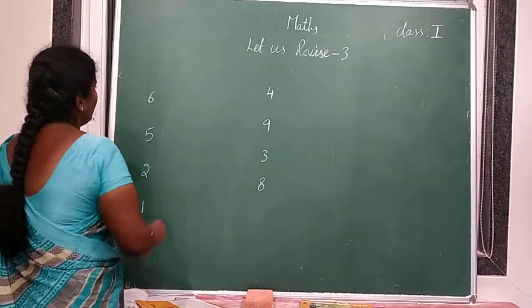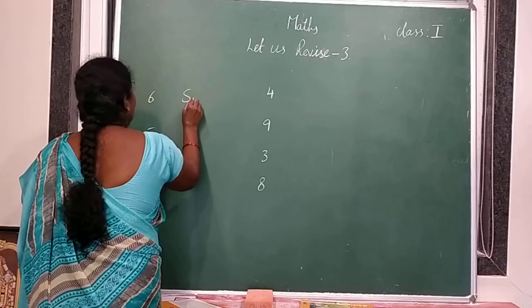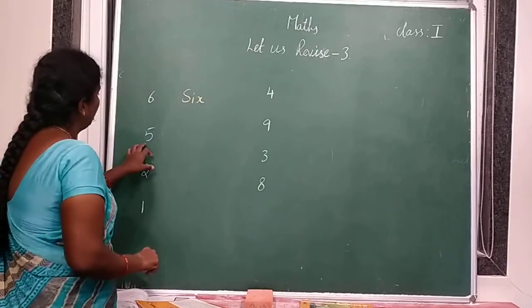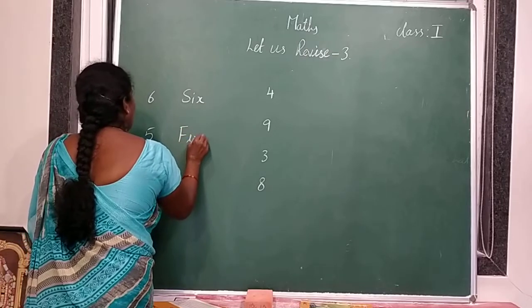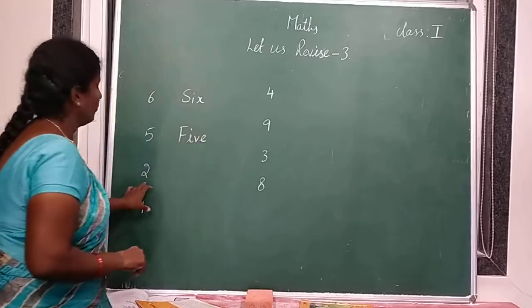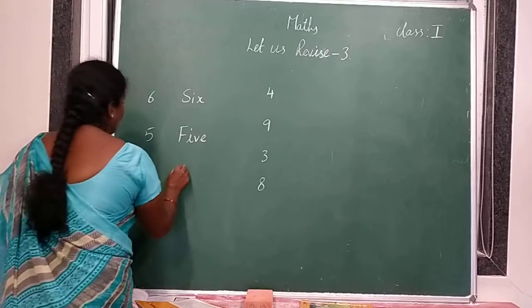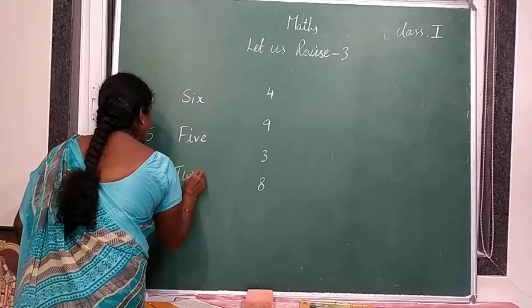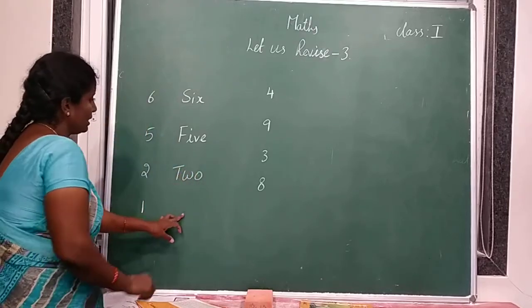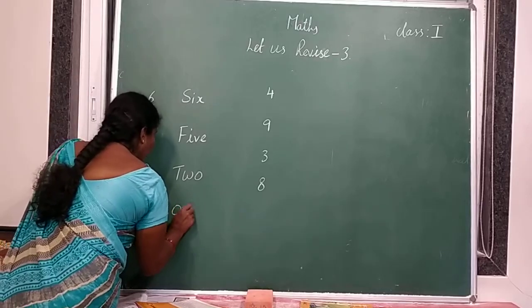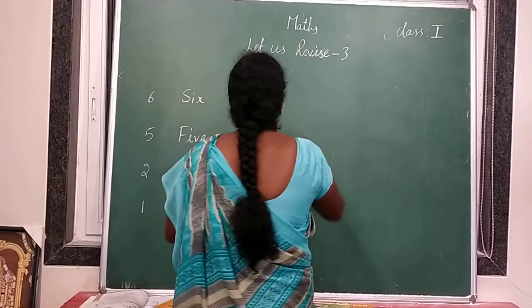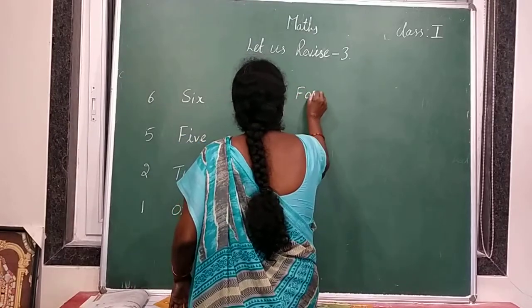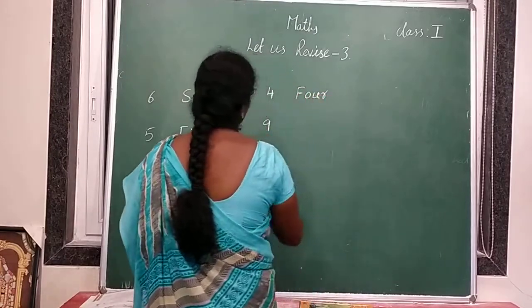What is 6 spelling? S-I-X. This is 5. F-I-V-E. 5. This is 2. T-W-O. And this is 1. O-N-E. 1. Next it is F-O-U-R. 4.